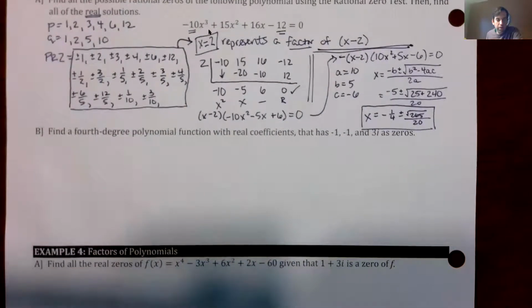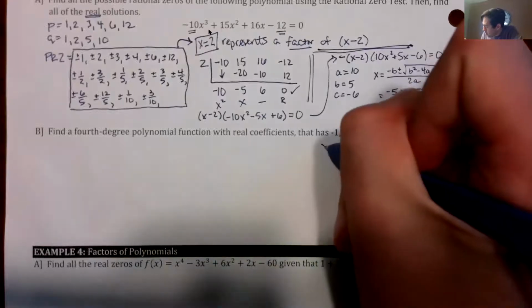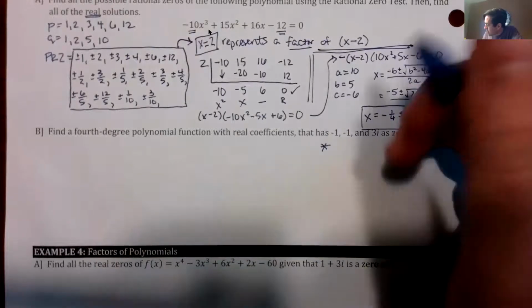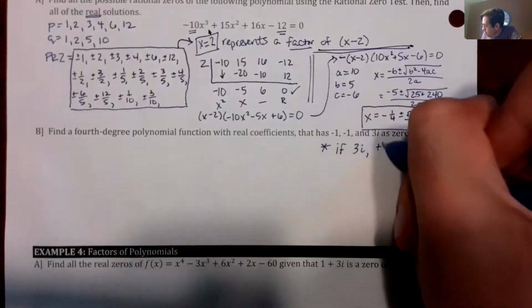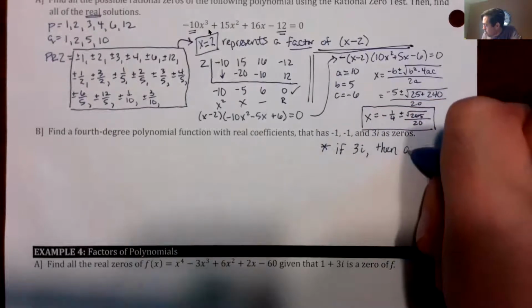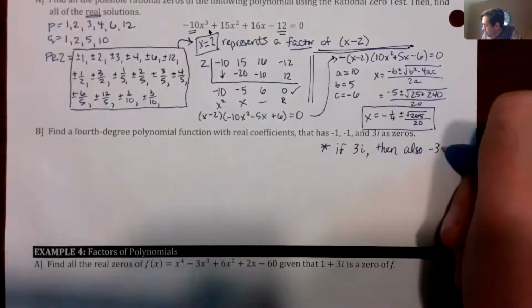Find a fourth degree polynomial function with real coefficients that has -1, -1, and 3i as zeros. Find a fourth degree polynomial. So this is kind of working a little bit backwards. We're given the answers. First, I want to make sure that you remember that if 3i is a 0, it means that we also have the negative version of that as a 0, right?